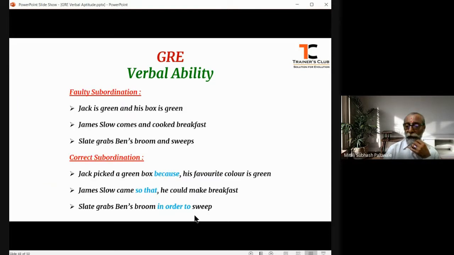Then how can we use this, right? Example of faulty subordination: Jack is green and his box is green.